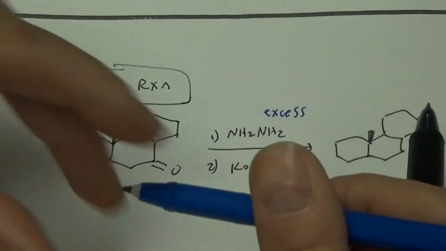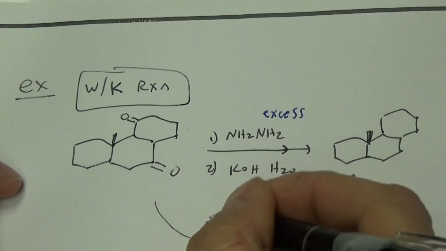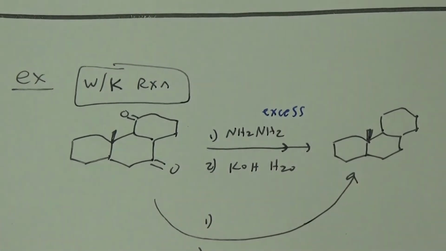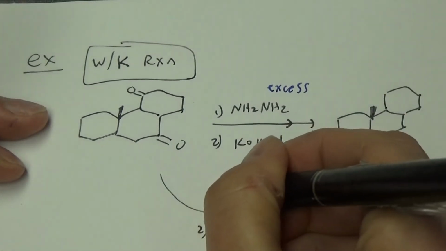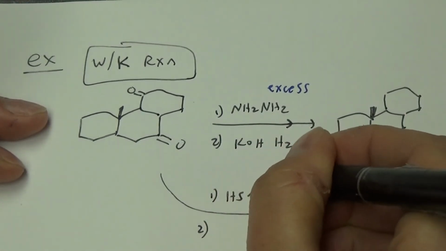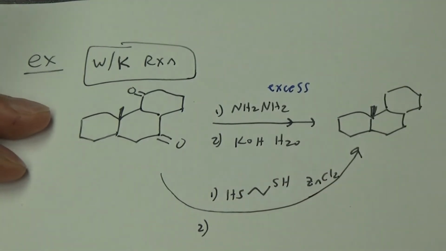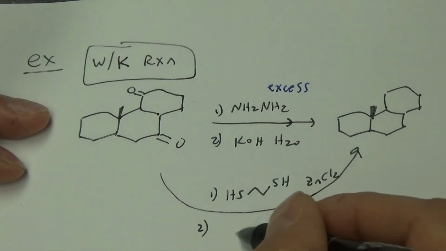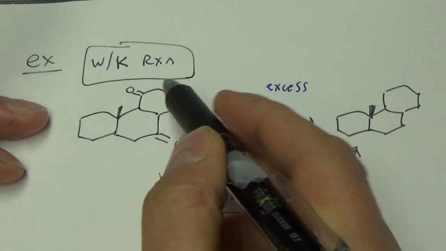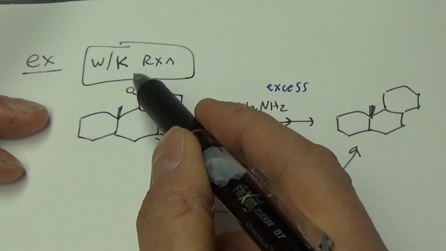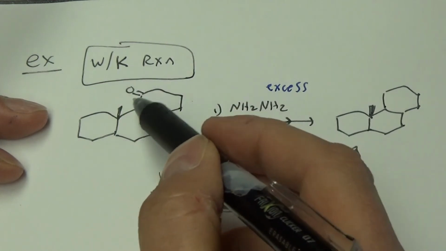Okay. Of course, what's another way to do this? You know another way. This chapter even. What's the other way you could effectively do the same thing? Well, remember you can make a thioacetal with zinc chloride and react it with something. The thioacetal is the little sulfur thing. It's like a five-membered ring: sulfur, carbon, carbon, sulfur, right?